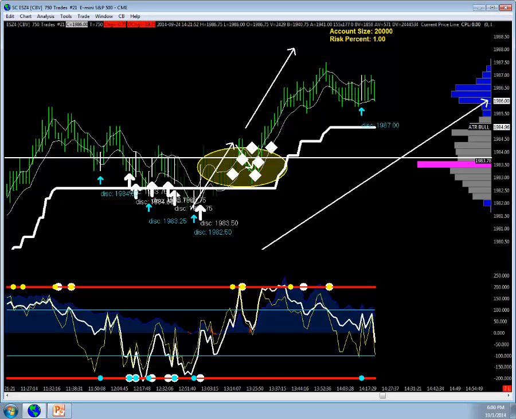But we want to enter a trade, buy or sell, with the proper structure. We don't want to be chasing after something. We want to understand where to get in. Let's position ourselves, again, forget about trying to buy or sell the high or the low. Focus on trying to get in on the proper structure.